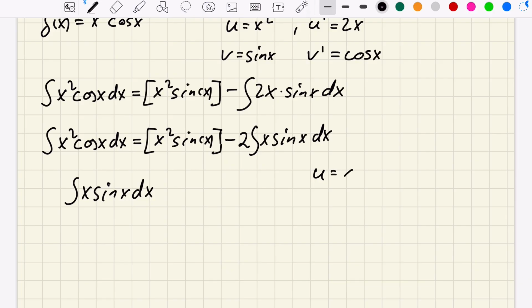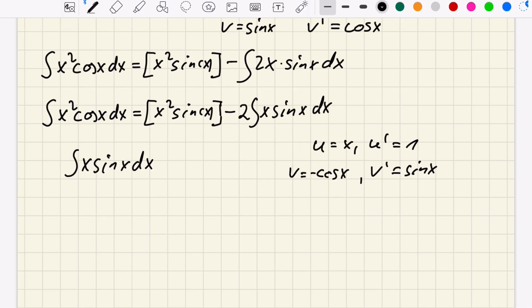So you have u is x, u dash is 1, v dash is sine x, and v is minus cosine of x. So now we can write it.